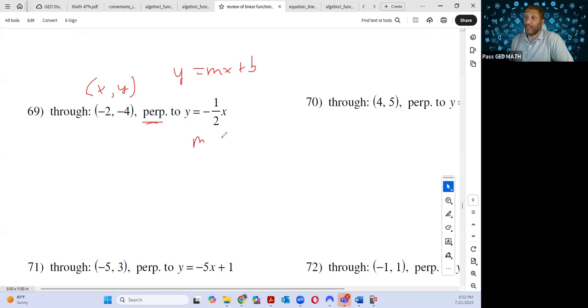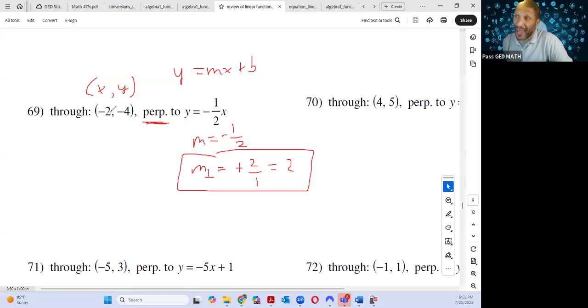My slope is -1/2. Since they want to find the equation of a line that's perpendicular, I need to change my sign and flip. Positive 2/1, which is 2. I now know the slope of any line that's perpendicular, but it passes through this point.